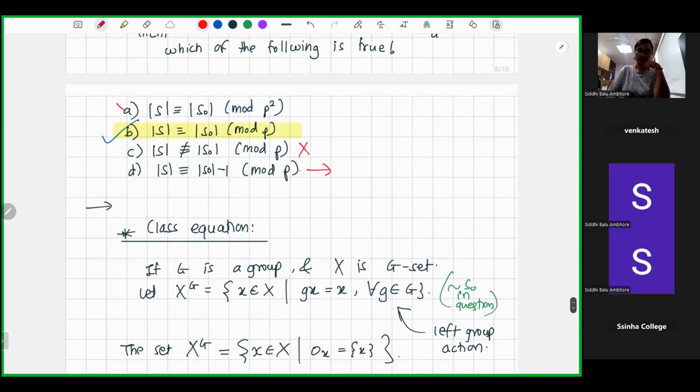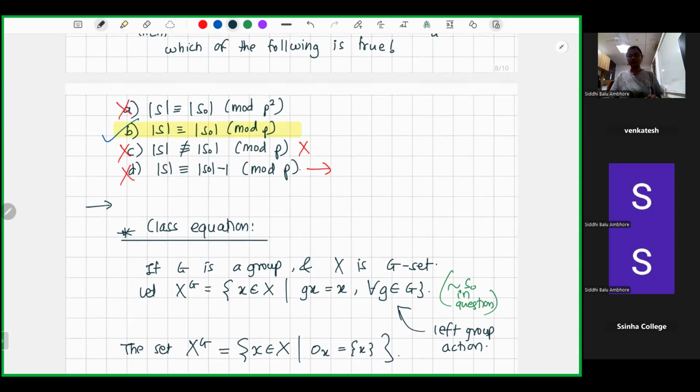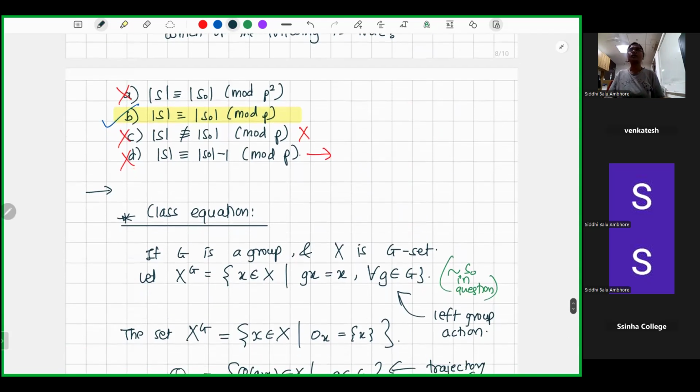So these statements are not holding here. Is this okay? Right.